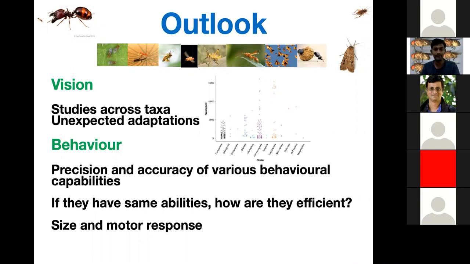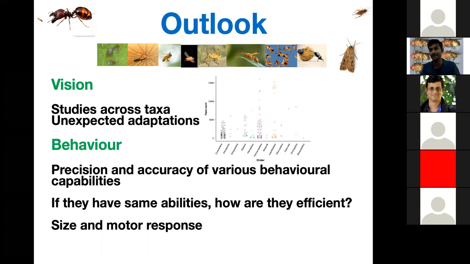And to answer how miniaturization affects behavior, we shouldn't just be counting the number of behaviors. We shouldn't also be just looking at whether they show a particular behavior or not. Rather, we should be looking at the precision and accuracy at which they can perform a certain behavior.